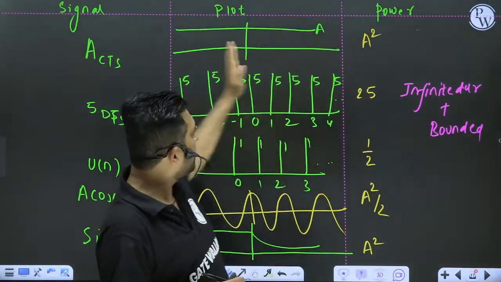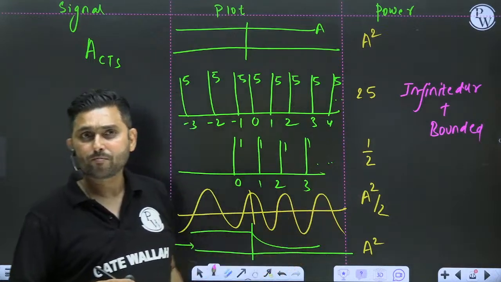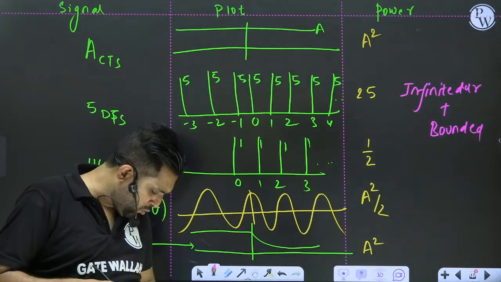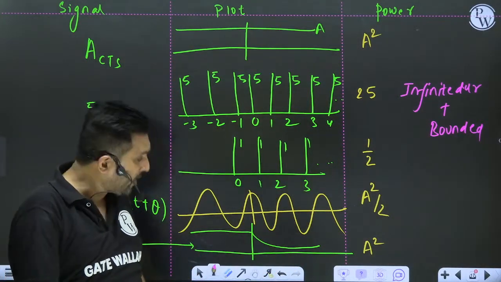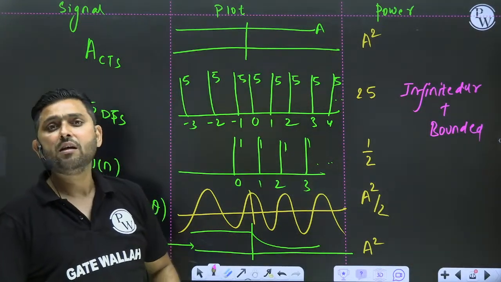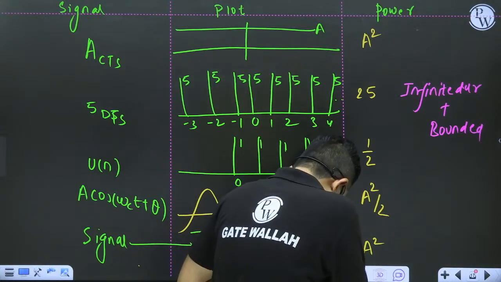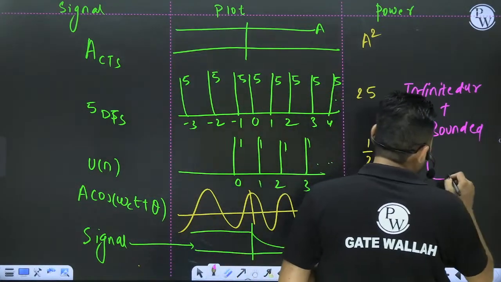Infinite duration means from minus infinity to plus infinity. So very simply, all the infinite duration bounded signals are always power signals.